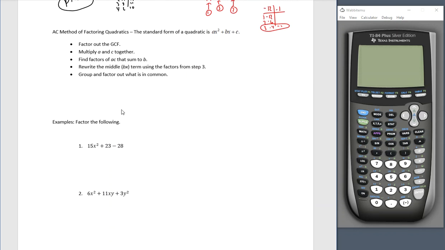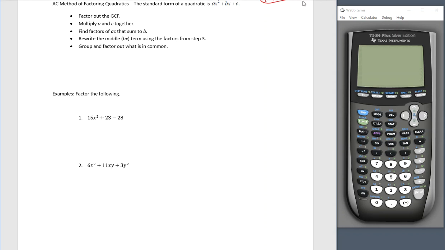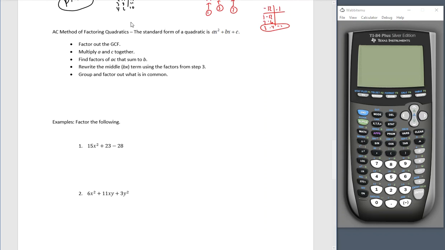Here we go. First, we're going to factor out the GCF. I have a 15, a 23, and a 28, and I can already tell you this is a bad problem.